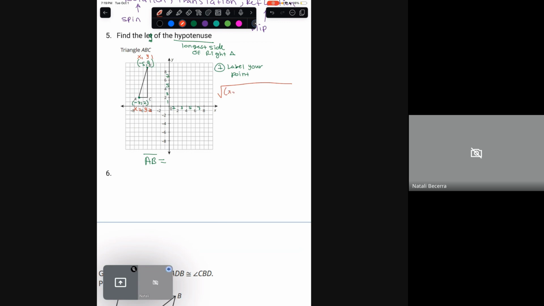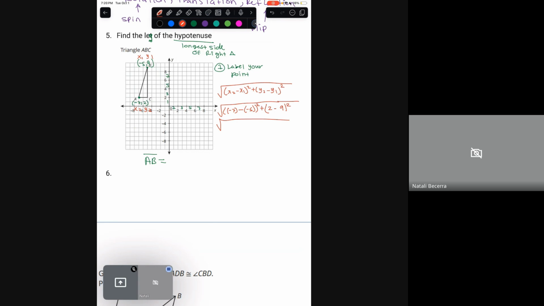So I have x2 minus x1 squared plus y2 minus y1 squared. So x2 is negative 7 minus, and you know what? Let me put that in parentheses. Negative 7 minus x1, which is negative 5, squared plus y2, y2 is 2, minus y1, which is 9, squared.